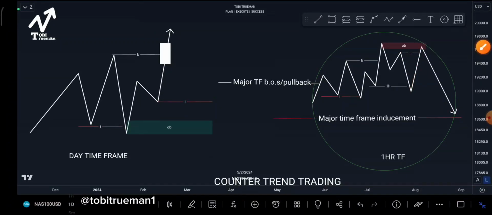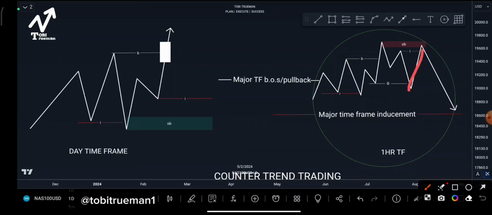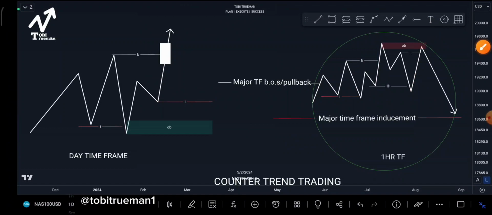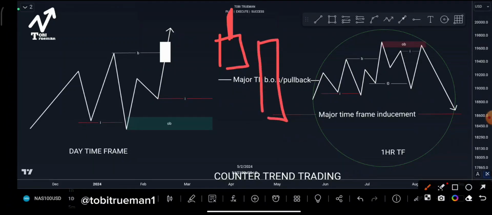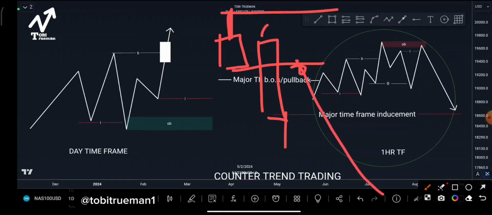The second thing: price can come and take out this higher point, this order block, with a wick. If price takes it out with a wick and the wick happens to form our institutional funding candle, with another candle closing below it, this will now be our single candle order block. We can place our entry here and sell accordingly.